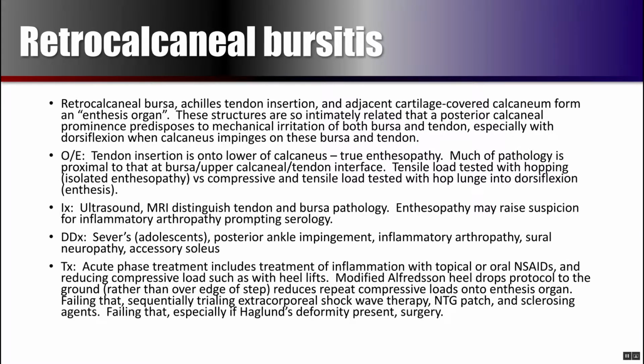In an attempt to distinguish between these two, a tensile load with just straight up hopping would provoke isolated enthesopathy, whereas if one added a hop and a lunge into dorsiflexion combined, this would provide both a compressive and a tensile load, so affecting the whole enthesis organ.